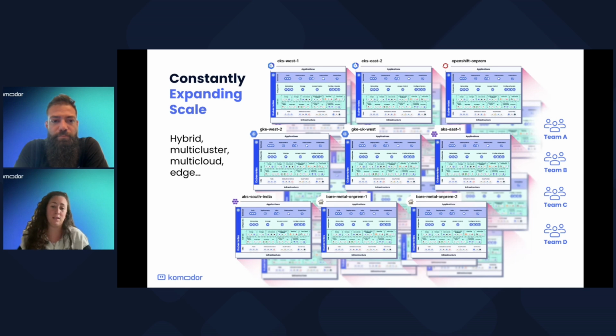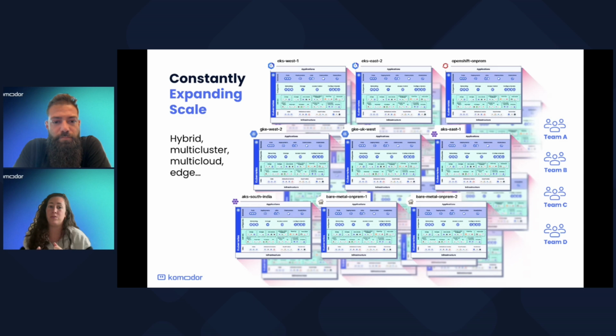And the problem is that once you try to scale, once you have dozens or even hundreds of clusters, especially if you're using multi-cloud or hybrid cloud approaches, it becomes much more complex. This complexity just grows exponentially, and it gets very difficult and time consuming to operate and manage Kubernetes.